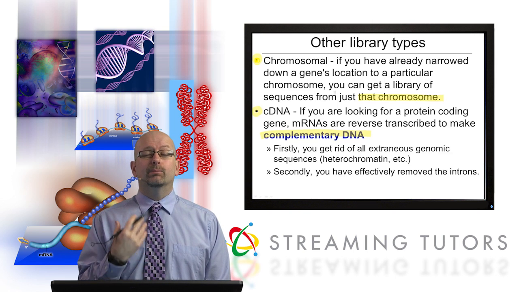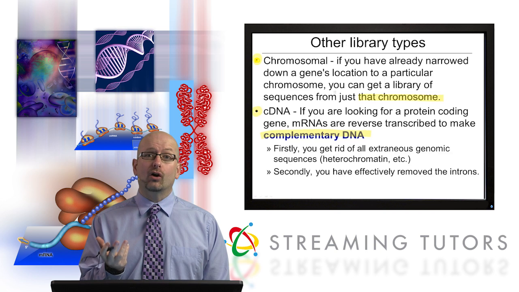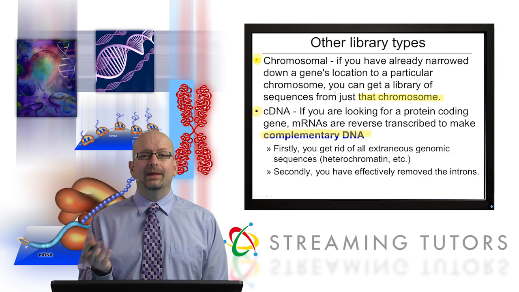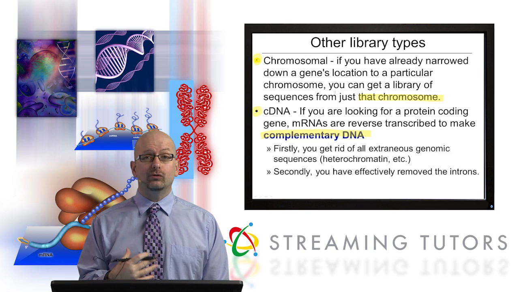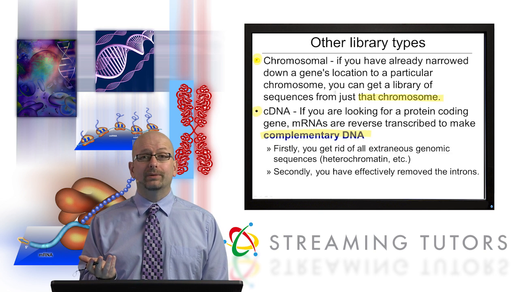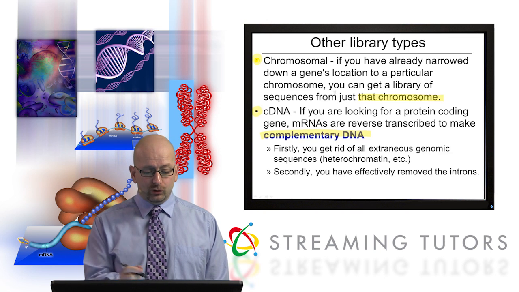So protein coding genes are expressed, and if they're expressed, there must be a messenger RNA that's made to make the protein. Now in humans this would be tissue specific, and you can use that as well. In other words, you could make a cDNA library from the liver. I should say what it would have is all of the DNA sequences corresponding to proteins that are expressed in the liver. But how you do it is really cool.